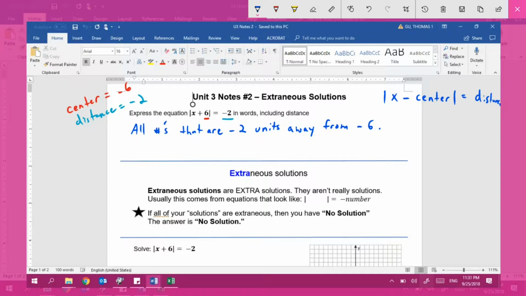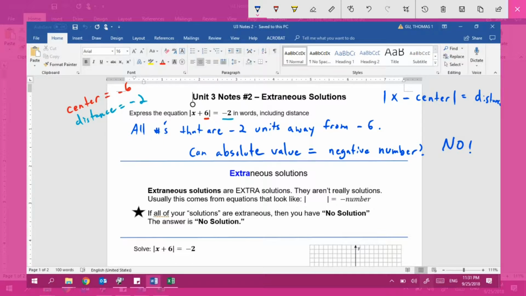How can we get -2? Does that even make sense? No, it doesn't! Can absolute value equal a negative number? No!